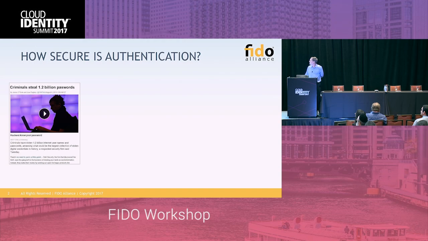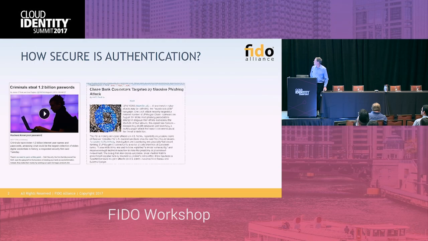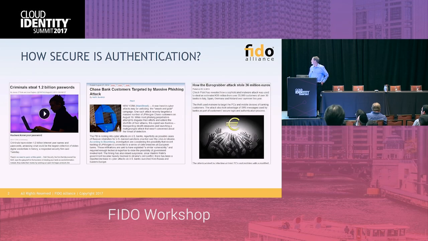So as we know, there are always issues with how secure authentication is. Most of the passwords wind up getting stolen off servers, right? I think we're all aware of that situation. And they get phished and so forth, and you wind up losing money in the long run.